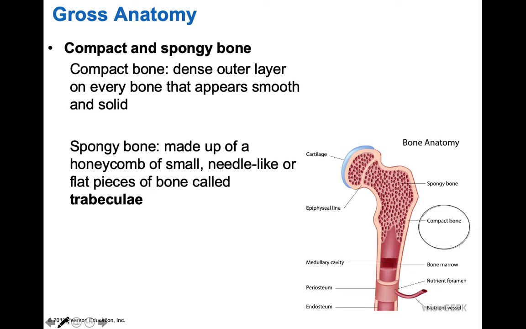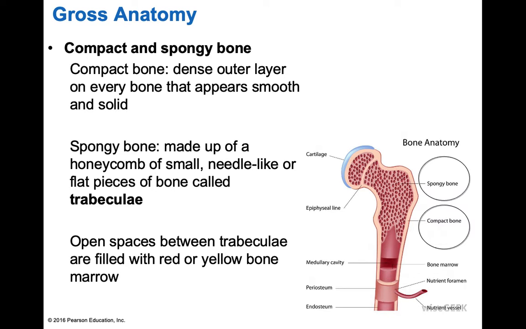It's like a network of spider webs that helps keep your bones strong. Compact bone is the first line of defense, and this spongy bone also gives your bones strength, but they're also very, very light. If you've ever picked up a bone, even from a large cow, it's actually very light, but very strong. It's because it has compact bone on the outside and this trabeculae that helps withstand that pressure from the outside.